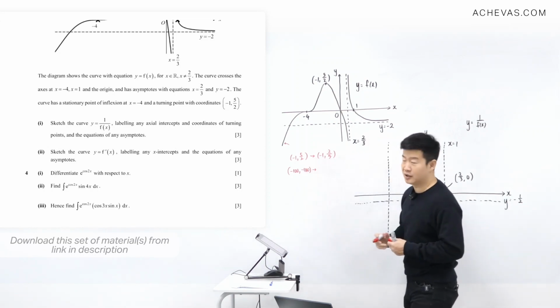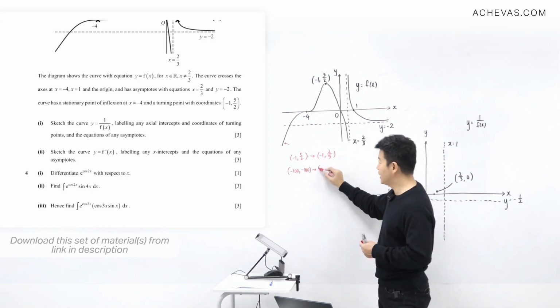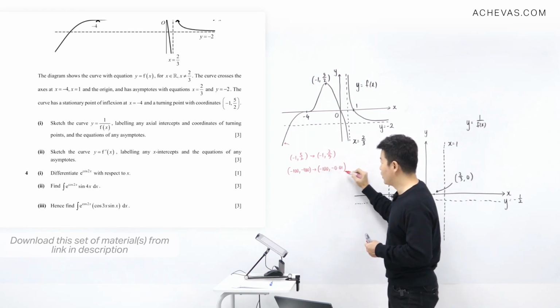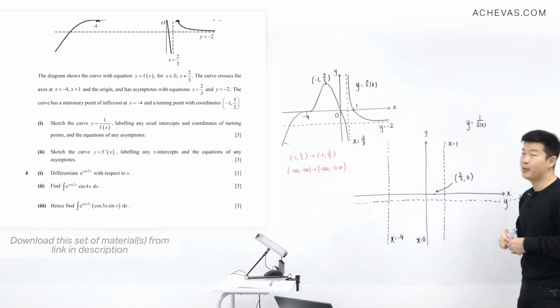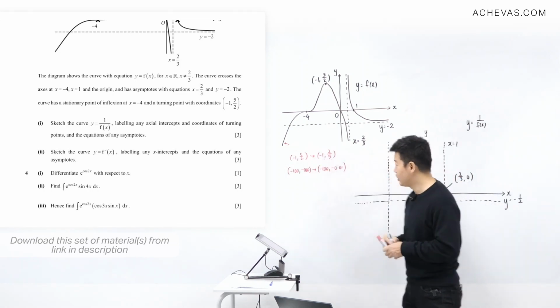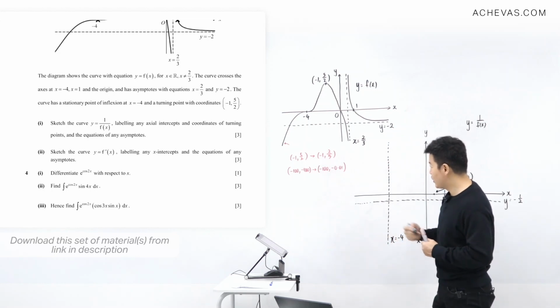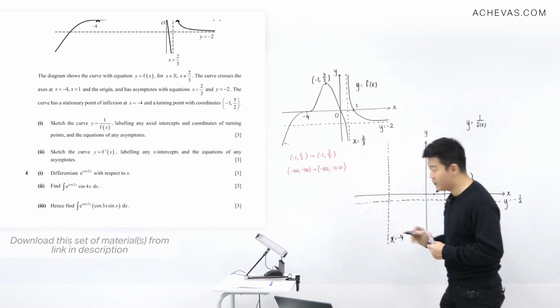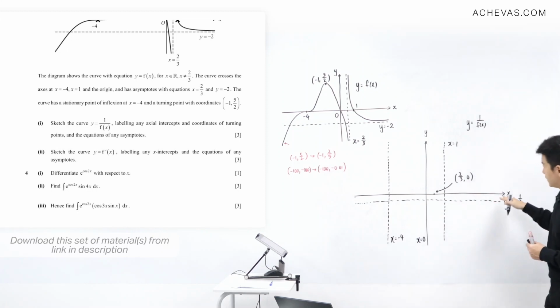Doing a reciprocal to the corresponding y coordinate, it is going to be minus 100 and negative 0.01. So I'm going to put a point that represents the transformed version of this point that is here. And that point will be somewhere here, very, very close to the horizontal x-axis.